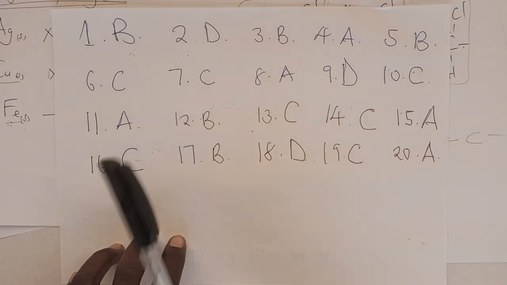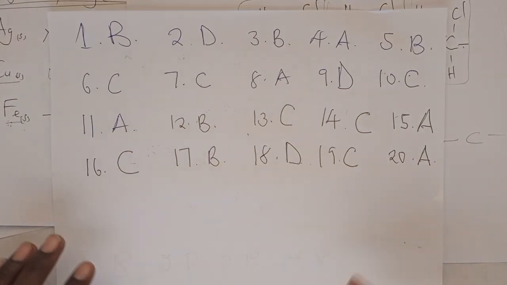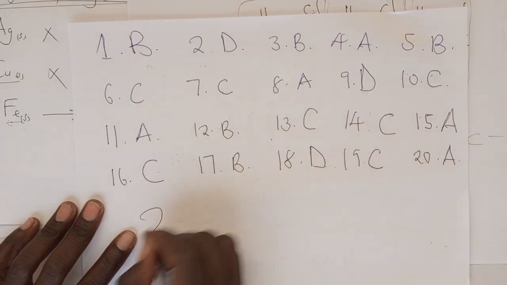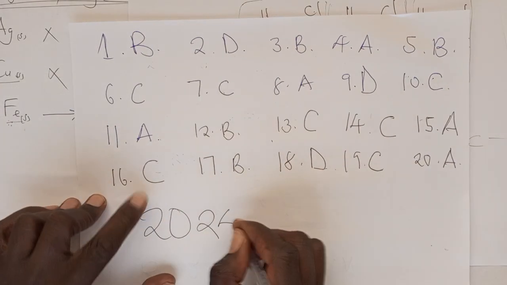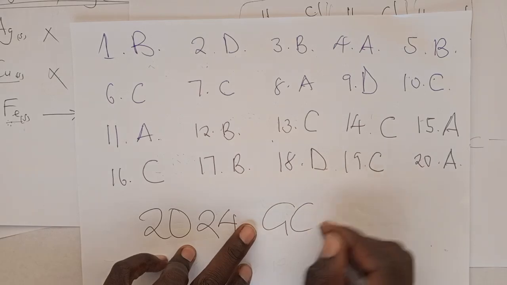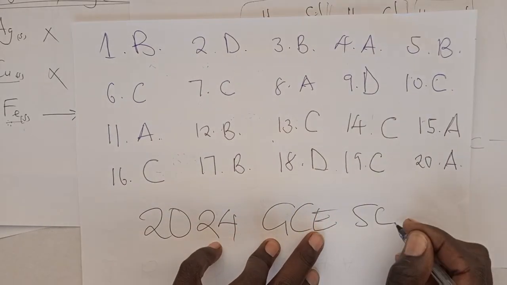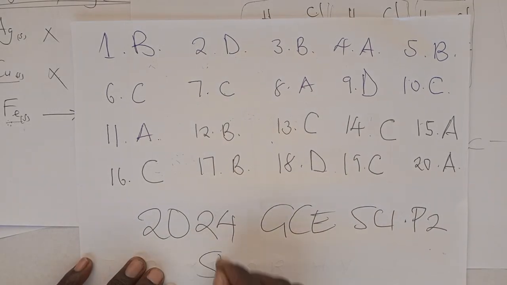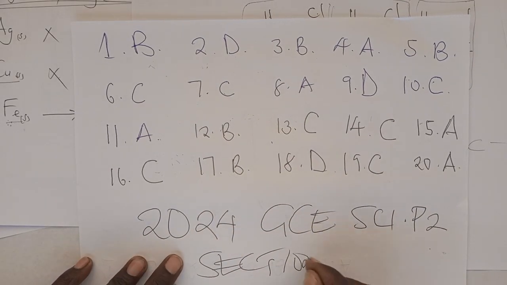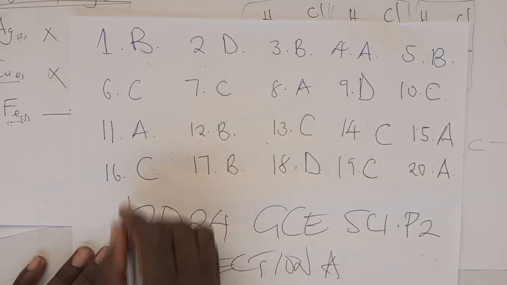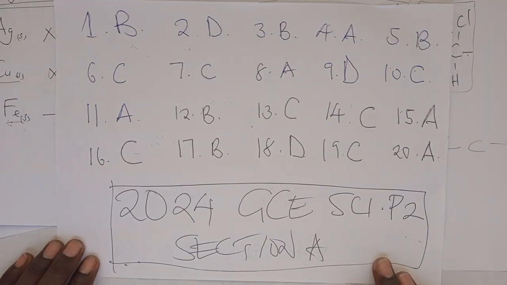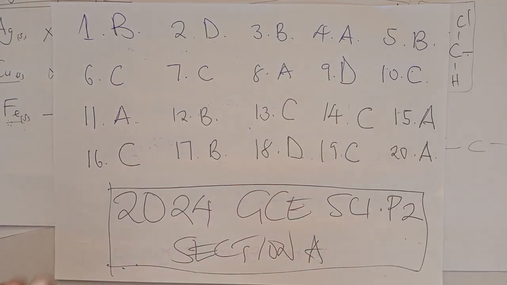I'll be able to continue with question 11 to 20. So this is 2024 GCE Science Paper 2, Section A. This is the marking key, and this is the correct marking scheme for that past paper.